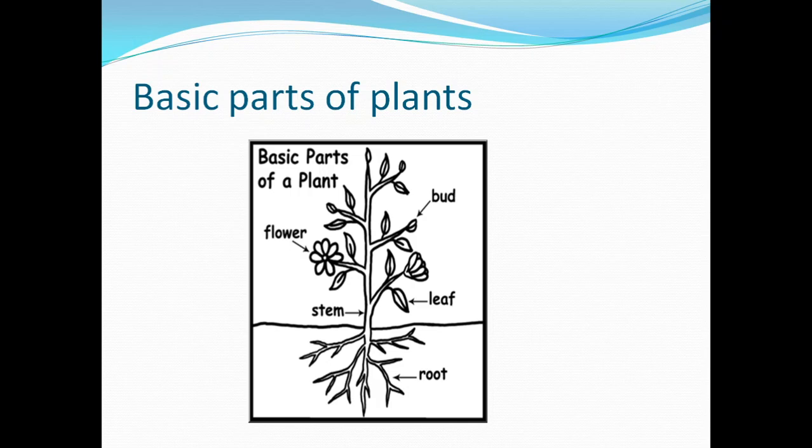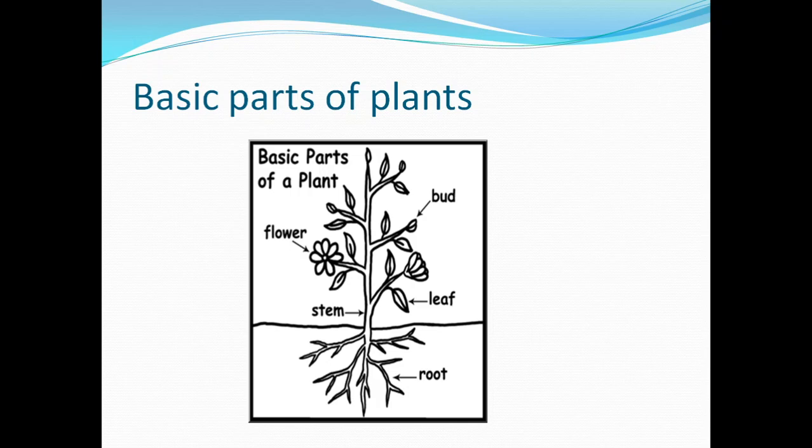Leaf helps in using the sunlight and water. It helps the plant to grow, right? So these are the different basic parts of plant. Roots absorb the nutrients from the soil and pass them to the plant. So these are the basic parts of plants.